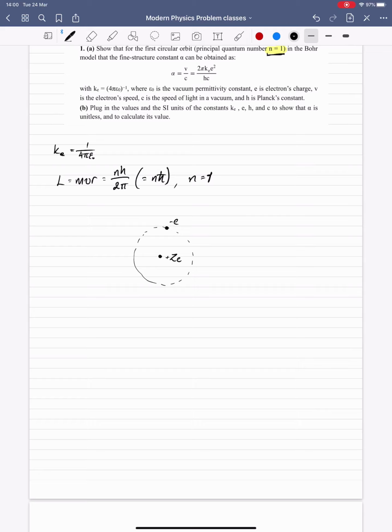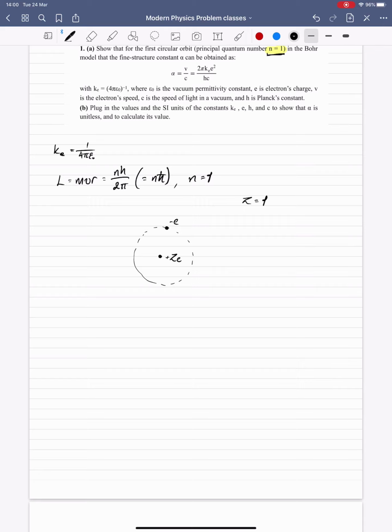So that's our electron, and this is our nucleus inside the middle. Here we could probably just treat it as a hydrogen or hydrogenic atom, where the charge of the nucleus is just 1. So we can just ignore that. But the key thing here is that we're dealing with a circular orbit. So we're going to use some classical physics as well to treat this.